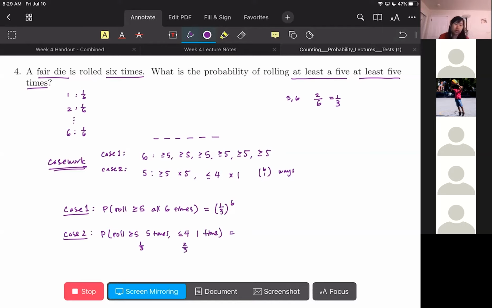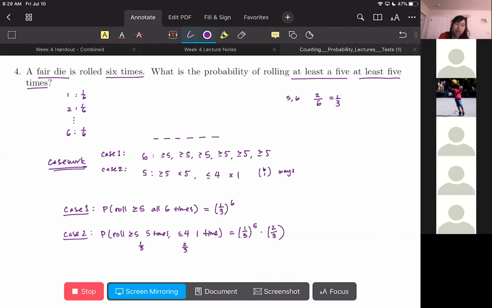So if we want to calculate this, what formula or expression would you use? You multiply them. Yeah, because we want to roll greater than or equal to 5 five times, we multiply 1/3 five times, and then 2/3 one time.